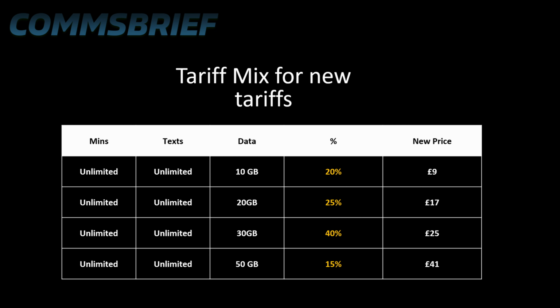It is likely that the tariff mix might change slightly because we are offering higher value for £41 than we did earlier, as we're increasing the price by £1 and yet offering 10 GB more data, so a lot more value for just £1 extra. We're also making the 20 and 30 GB tariffs more competitive, so it is possible that the mix improves in favor of these three tariffs.